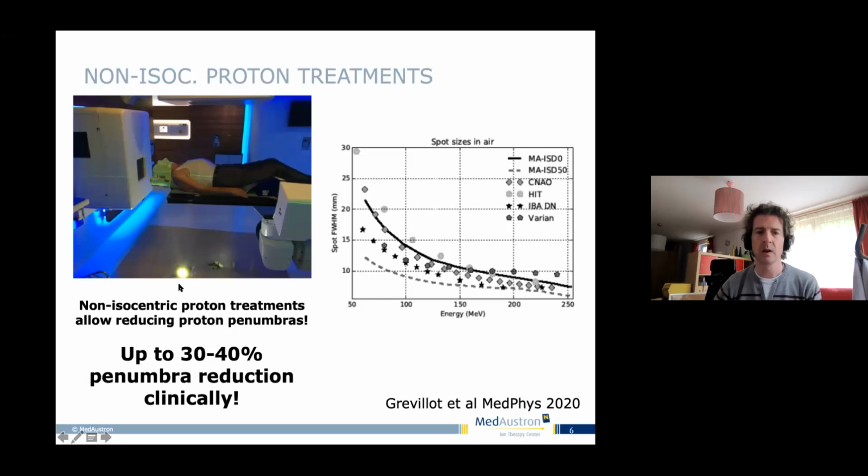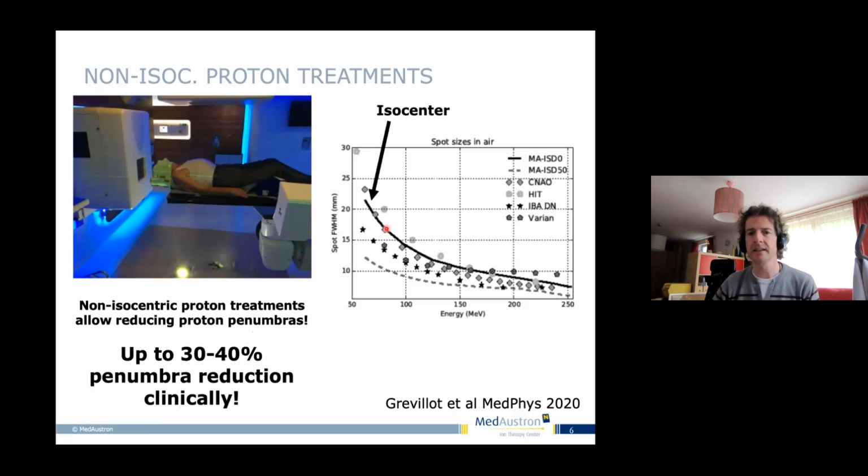By that, we could achieve a beam penumbra reduction of 30 to 40%. This is shown by the graph over here. Let me see if I can switch on the laser pointer.